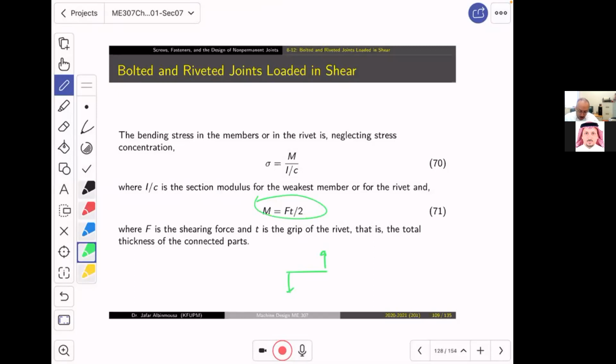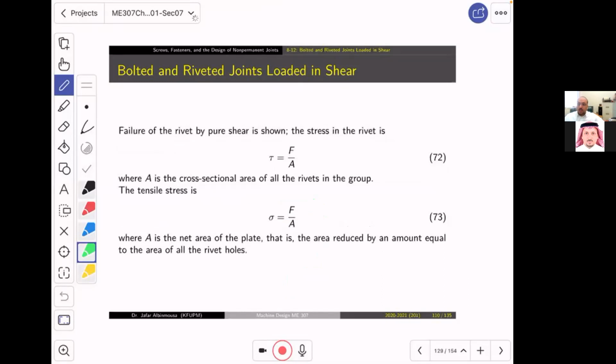So there is also the shearing force, which can act on, for example, the rivet. The rivet is circular, and if there is a shearing force acting on it, then the shear area is this. That's the shear area, right?